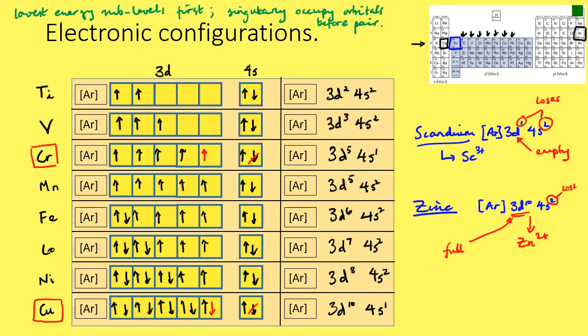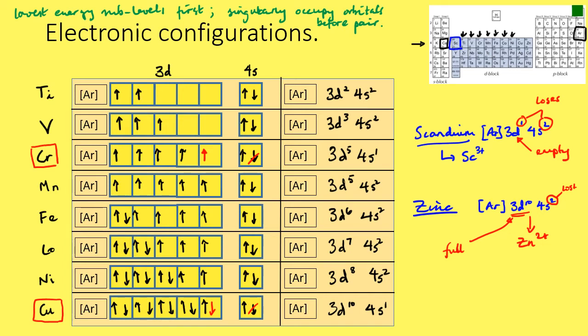Next one, which one's the next one? Nickel. Nickel's another simple one, just follows the same trend. 4s2, 3d8.